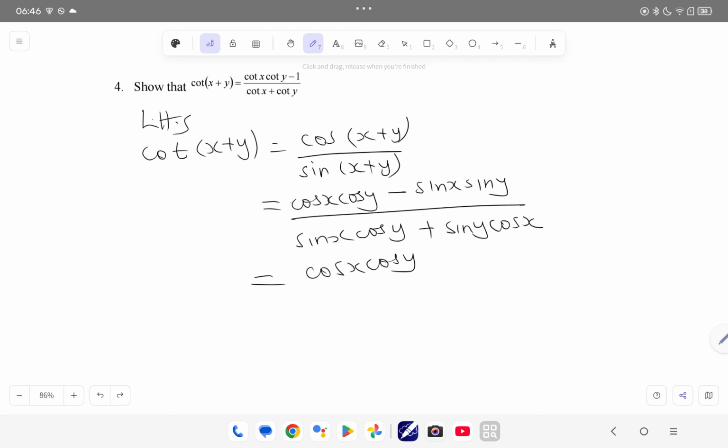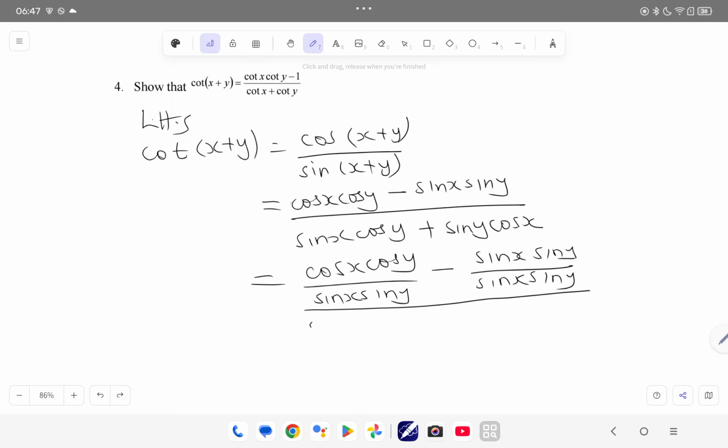Cos x cos y over sine x sine y minus sine x sine y over sine x sine y, out of sine x cos y over sine x sine y plus sine y cos x over sine x sine y.